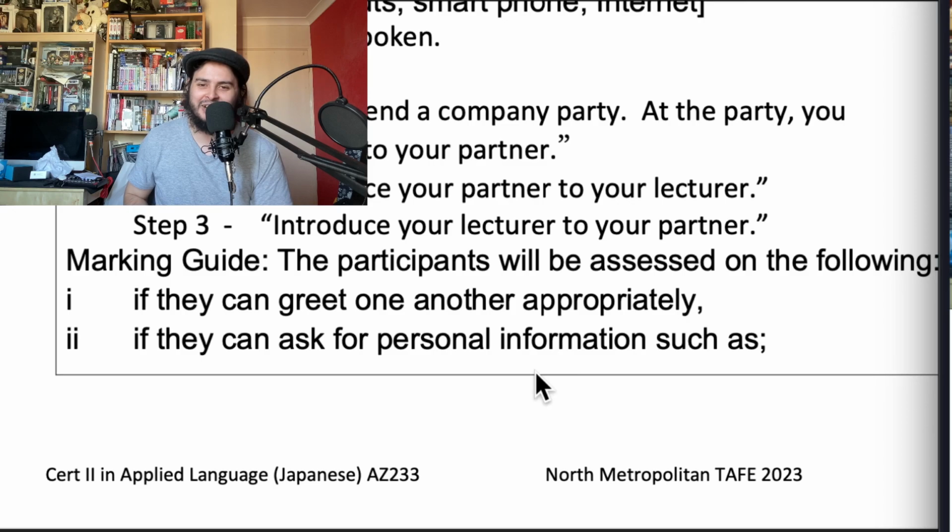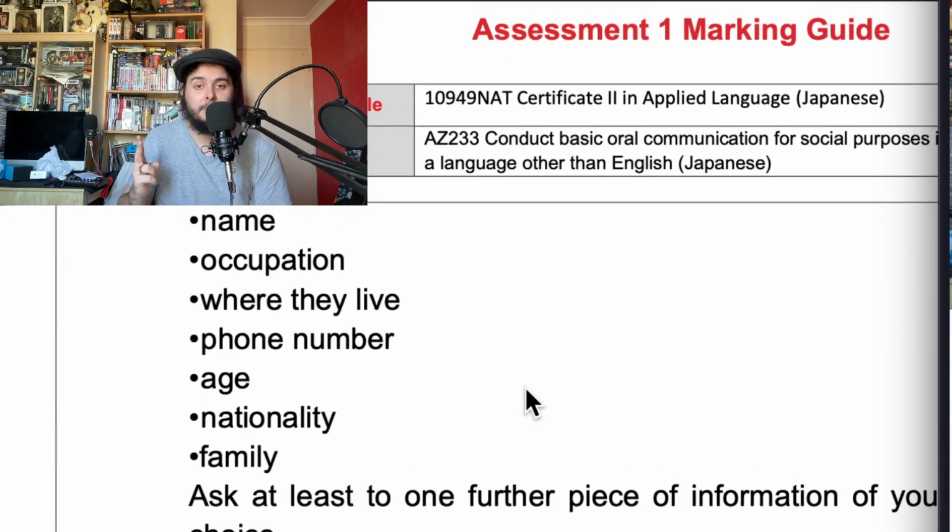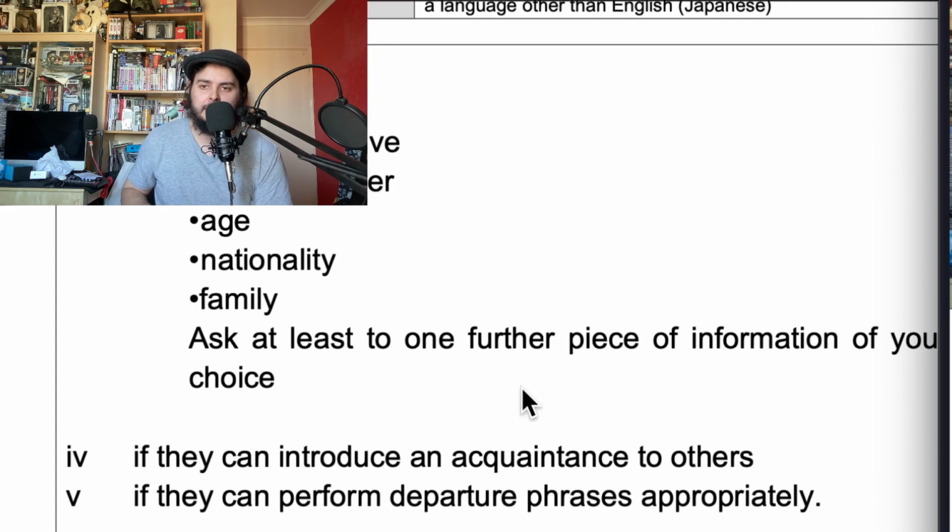Marking guide. So, the participants will be assessed on the following. 1, if they can greet one another appropriately. 2, if they can ask for personal information, such as name, occupation, where they live, phone number, age, nationality, family, and here it says ask at least one further piece of information of your choice.